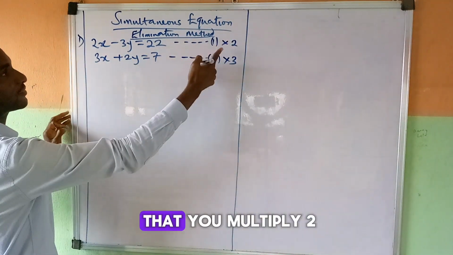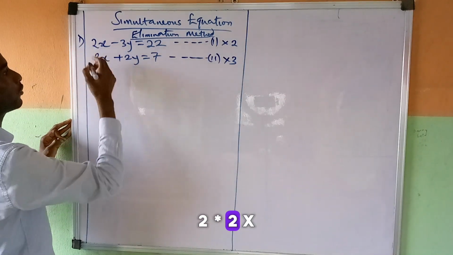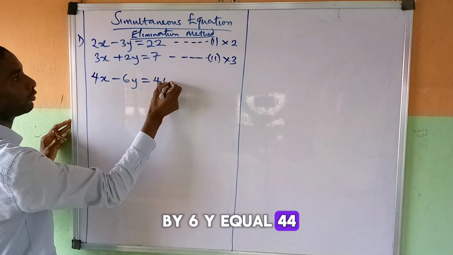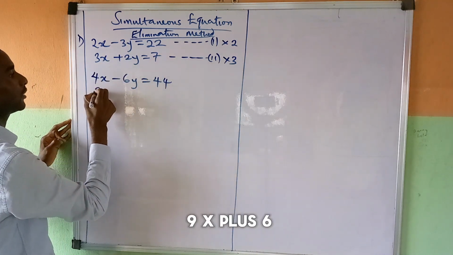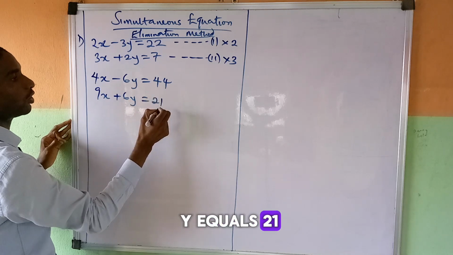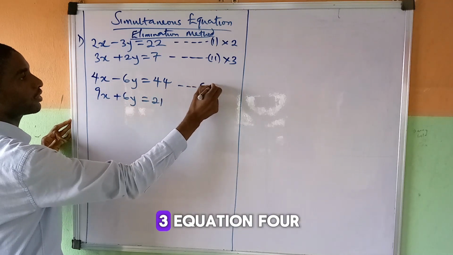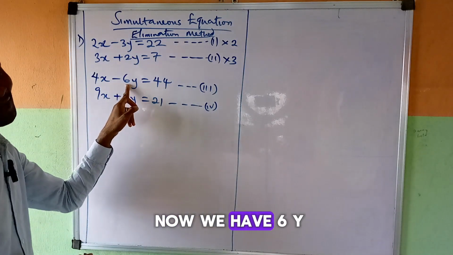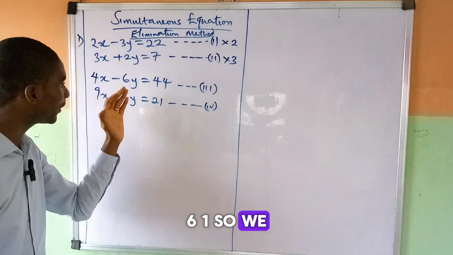When you do that, 2 times 2x gives us 4x minus 6y equals 44, and this is 9x plus 6y equals 21. This is equation 3 and equation 4. Can you see now we have 6y and 6y? So we are ready to eliminate.